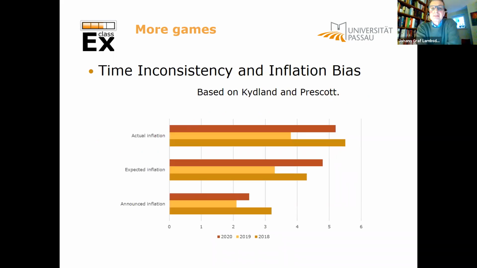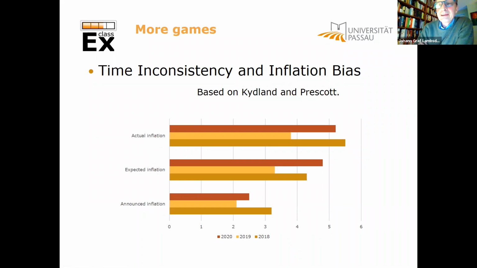You might like the time inconsistency model, so the Kydland-Prescott approach or Barro approach to time inconsistency and the inflation bias. I have collected some data from the past, where you observe you have some announced level of inflation, but what people actually expect you to do is a higher level of inflation, and then actual inflation is even higher.